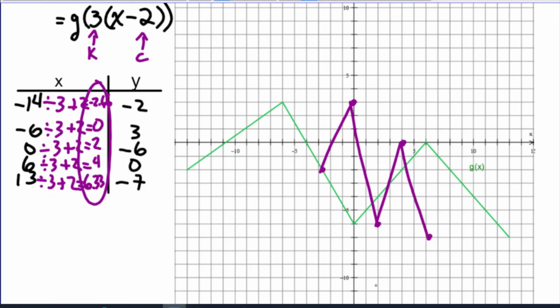It still has the general shape of the original graph, but it is squished horizontally and also shifted over to the right by 2, which again would have been difficult to figure out what x values to use, right? Would you have known to use negative 2.66 here, knowing that negative 14 was the original point? That's why we use the transformation method specifically, because we don't need to know that. We just need to know what the transformations are from the original table of values.